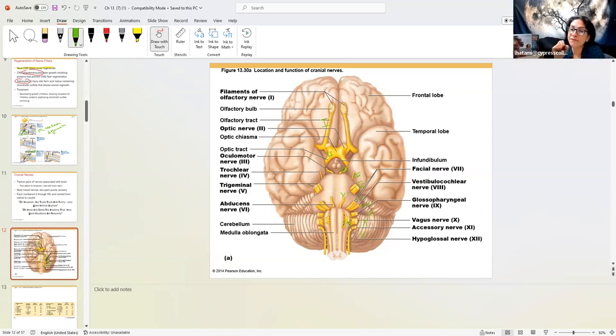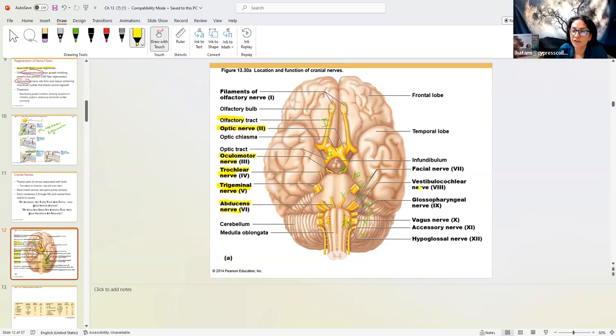Each has its specific name. Cranial nerve number 1 is called the olfactory nerve. Cranial nerve number 2 is the optic nerve. Cranial nerve number 3 is the oculomotor nerve. Number 4, trochlear nerve. Number 5, trigeminal nerve, which you can see is very large. So the largest cranial nerve is the trigeminal nerve. Then we have the abducens nerve.